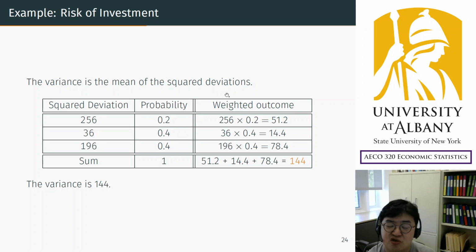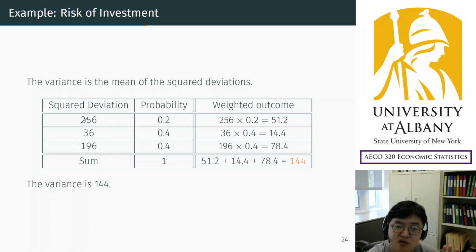We define deviations, and then square them, and then take their mean. So that's the result. The way you calculate the variance is exactly the same as the way you calculate the mean, right? Squared deviations are, again, a new random variable. So these are outcomes, right?